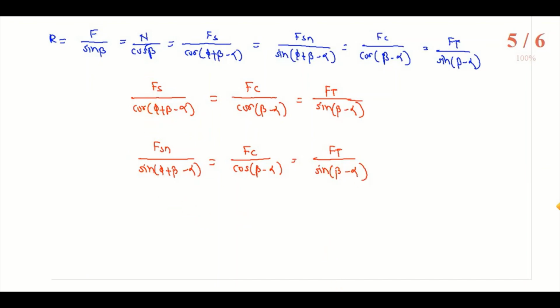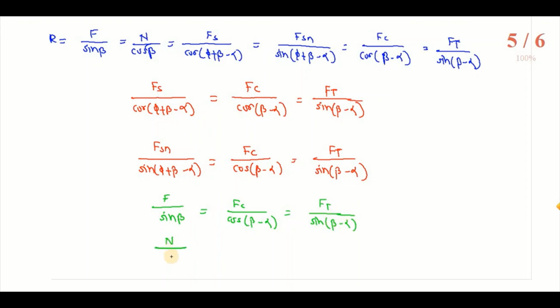Then we can write for the friction force, F upon sin beta, which is equal to Fc upon cos(beta minus alpha), which is equal to Ft upon sin(beta minus alpha).